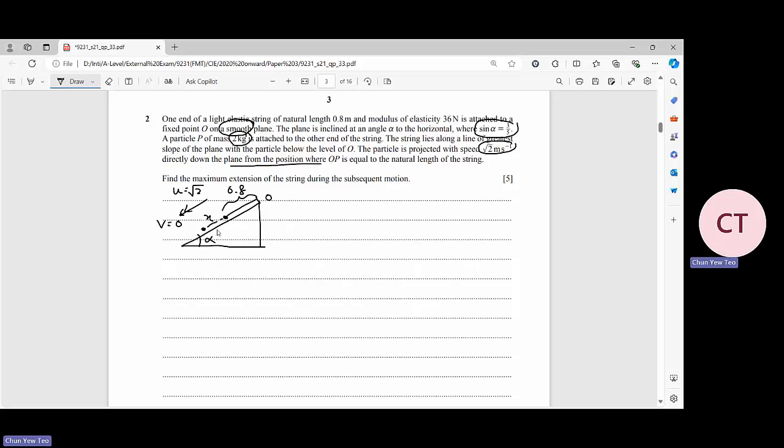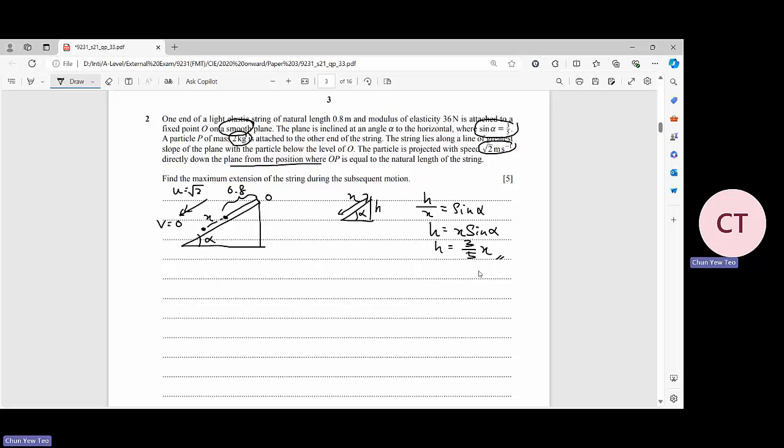First of all, take the extension x here. This is the height h, this is alpha. We know that h over x is sine alpha, so h is x sine alpha. Since sine alpha is given as 3/5, h is 3/5 x.